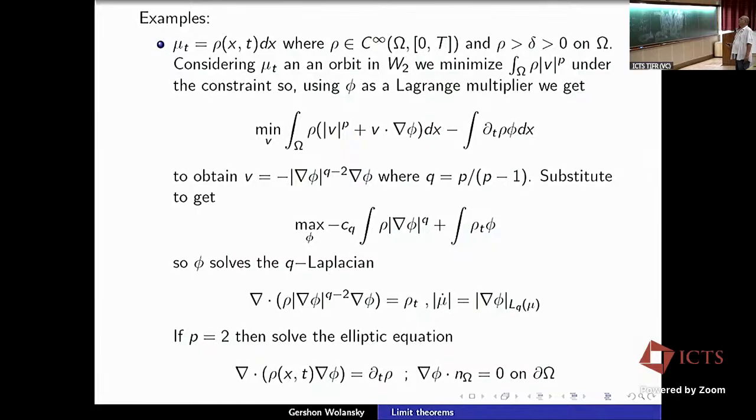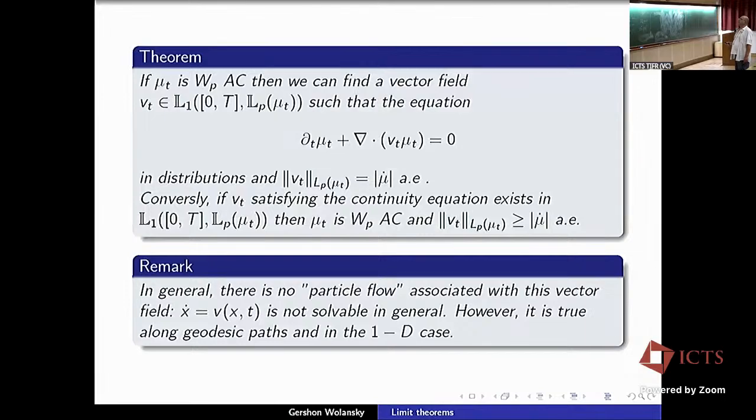we know that we have to minimize this functional under the constraint. Remember that the theorem says that in order to find the optimal velocity field, we have to minimize over this norm.